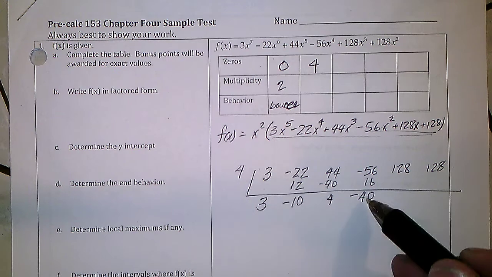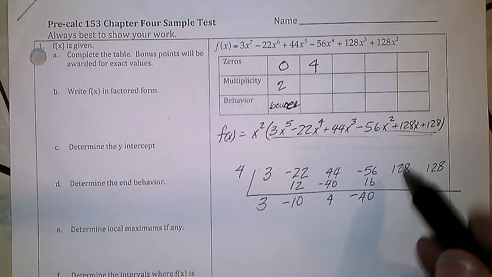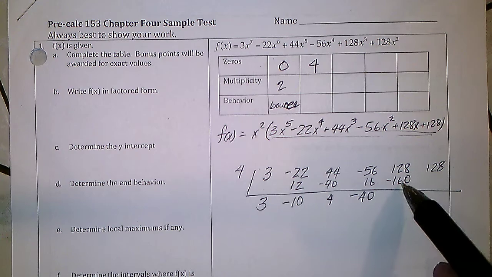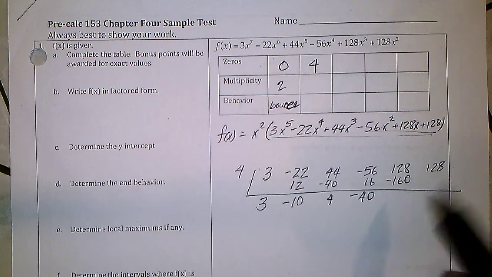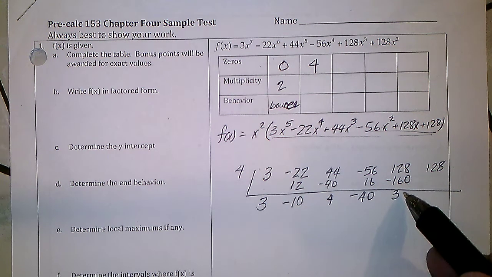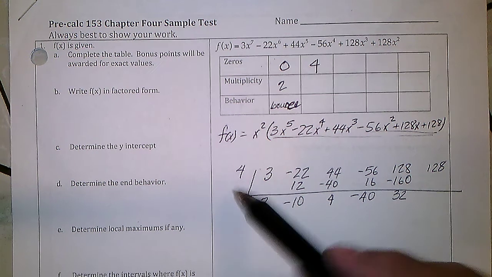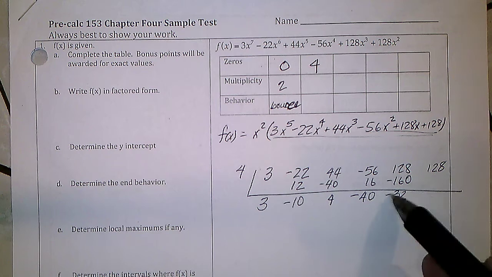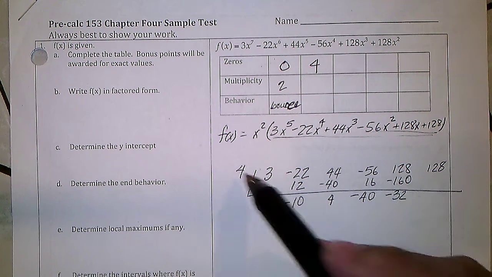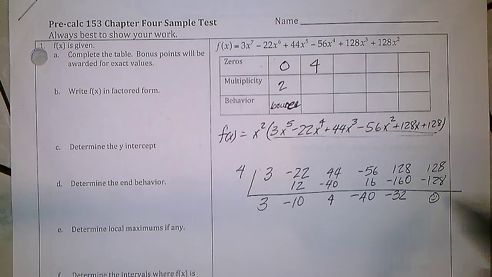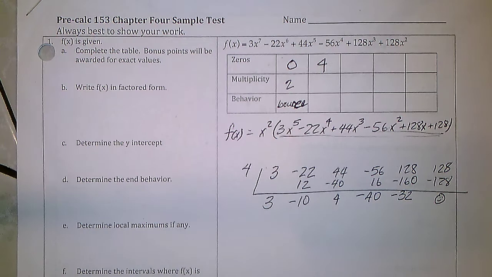Multiply by 4, that's negative 160. Add, actually, 160 minus 128 is 32, times 4. Oh, negative 32. Watch your signs carefully. That's negative 128, 0. So it went in evenly.